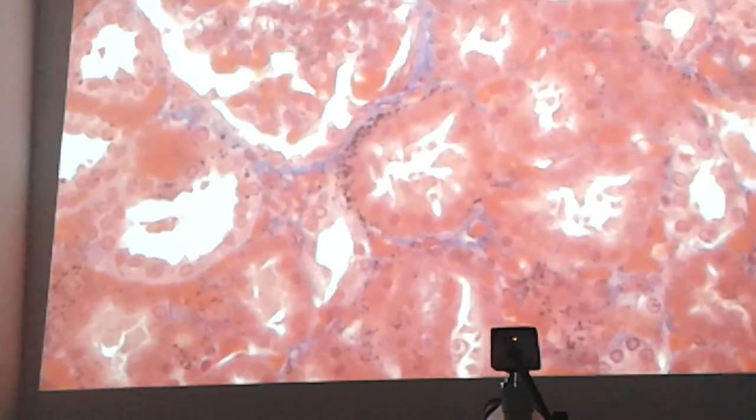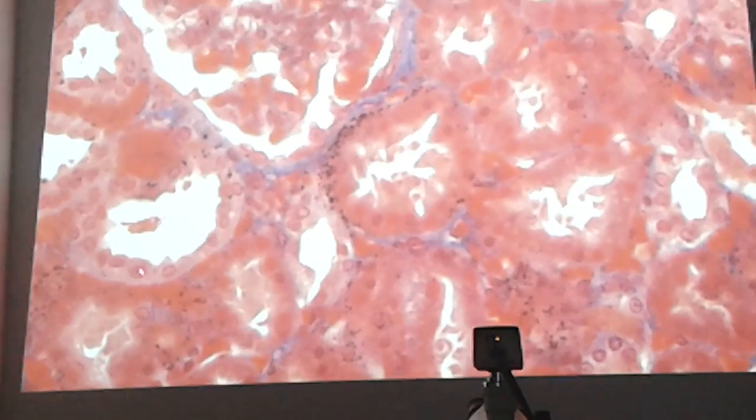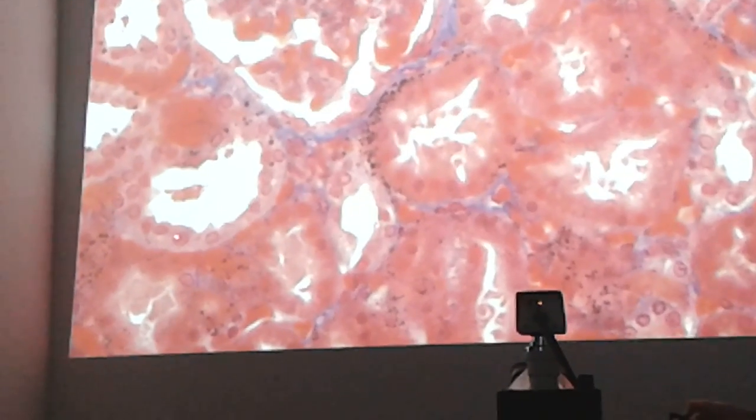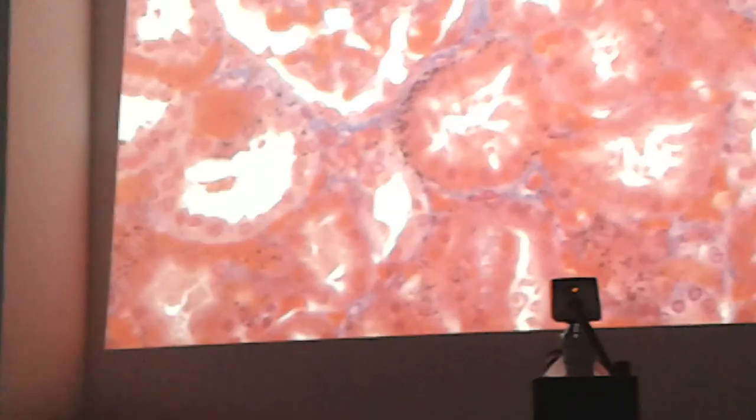And the shape of the cells is cubic, that's why we call it cuboidal. In simple cuboidal epithelium, the nucleus is round and generally in the middle of the cell. So in the second slide, all you can look for is simple cuboidal epithelium, which lines the tubules of the kidney.